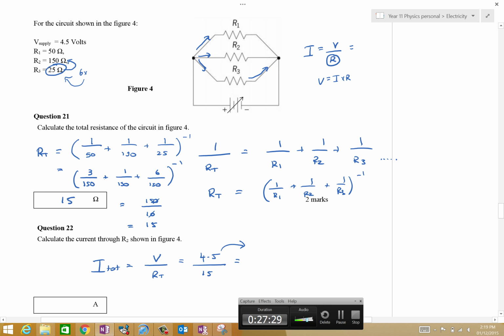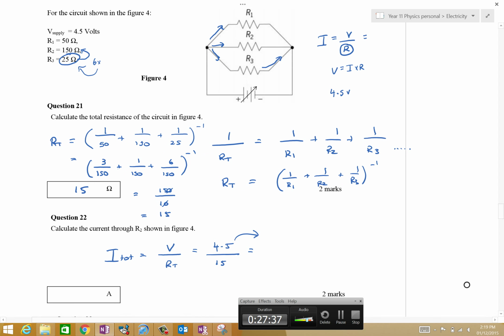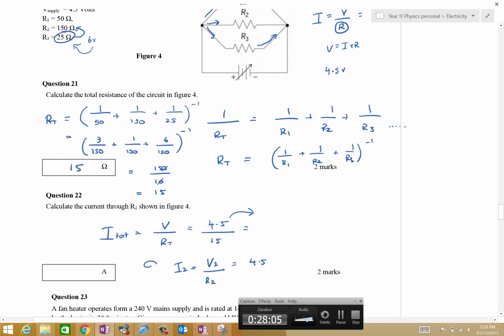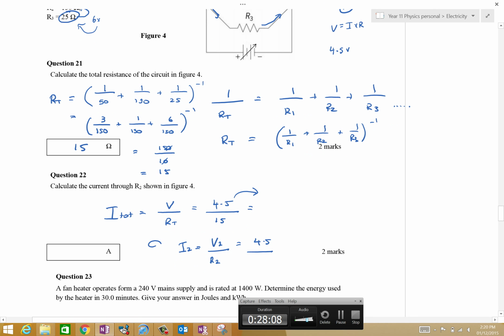Now, the voltage across each of those resistors is 4.5 volts. So we can say that the current in R2 is equal to the voltage across R2, which we know is the same, that's going to be 4.5 volts over 150.